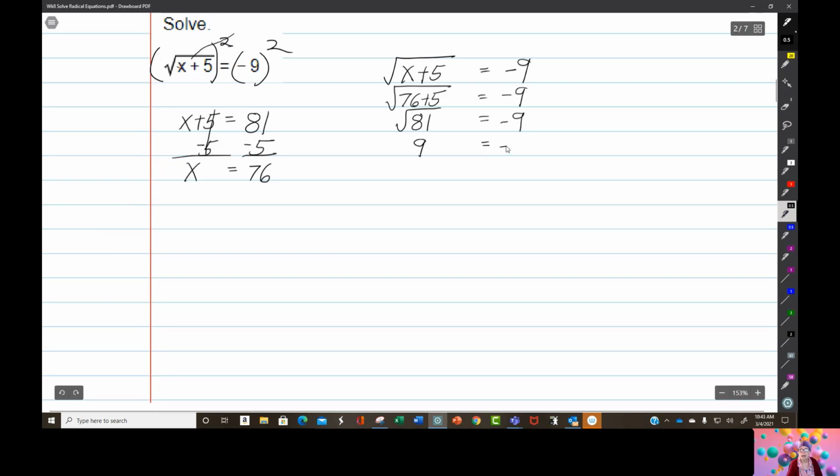And so we're saying that 9 equals the opposite of 9, which is -9. That's not true. They're two entirely different numbers. So this is false, which means this is false. And our only solution is no solution.